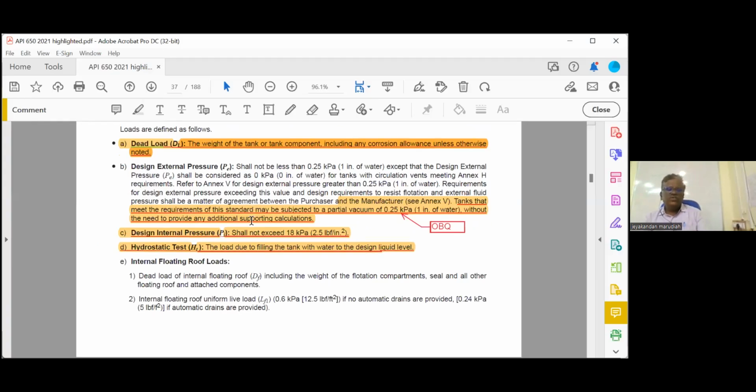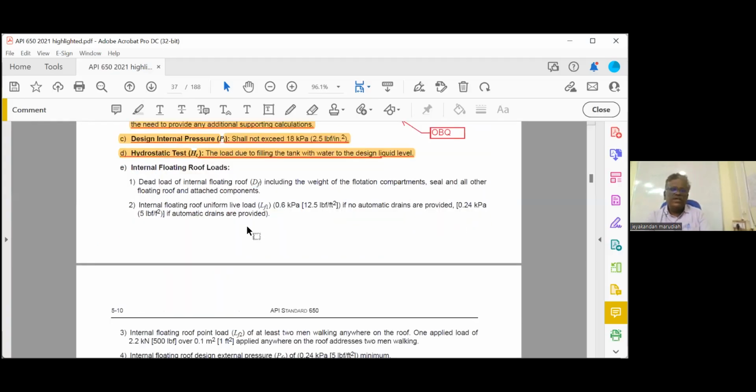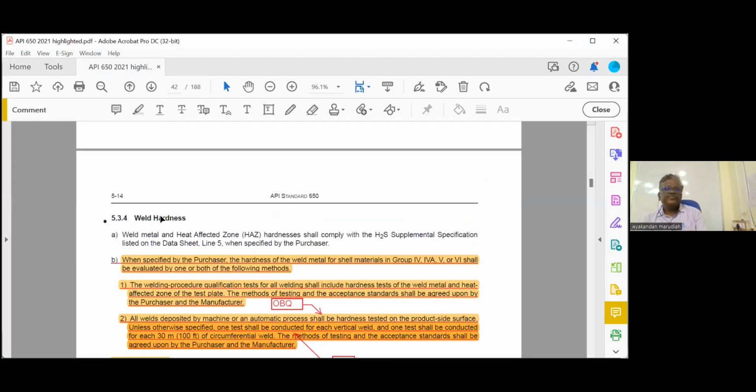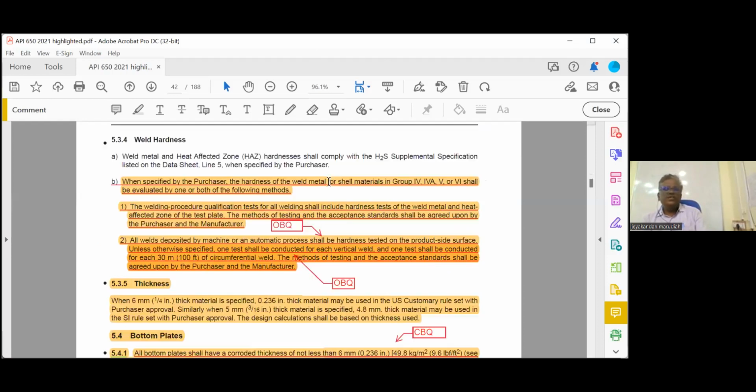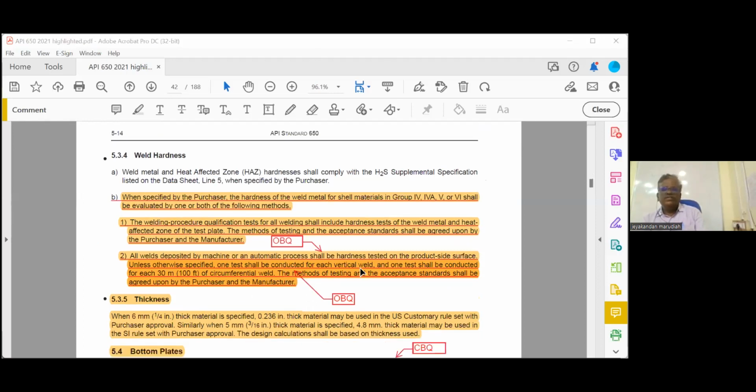It is in 5.3.4, page number 5-14. One test will be conducted on each vertical weld. For horizontal, every 100 feet of circumference, we have to do one test. Okay.